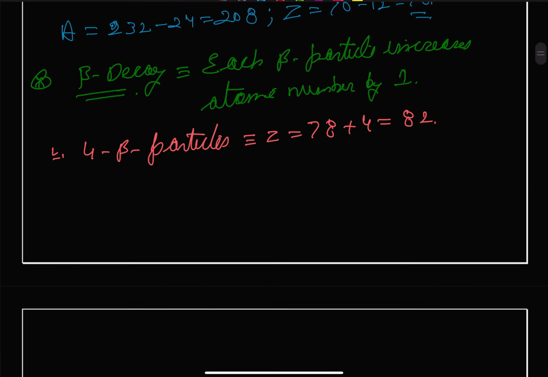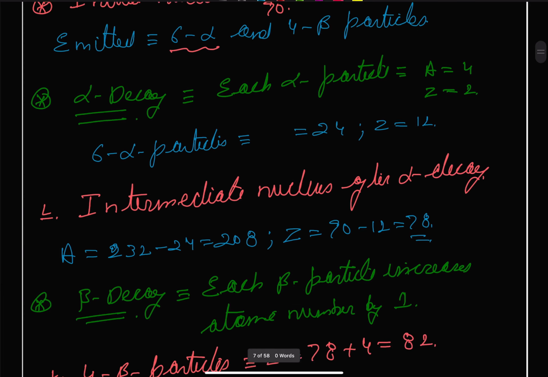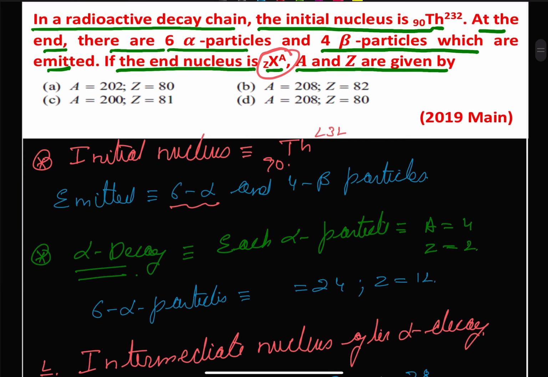Therefore finally, we are going to have value of A as 208 and value of Z as 82. So this is 208 and 82. Option B is correct.